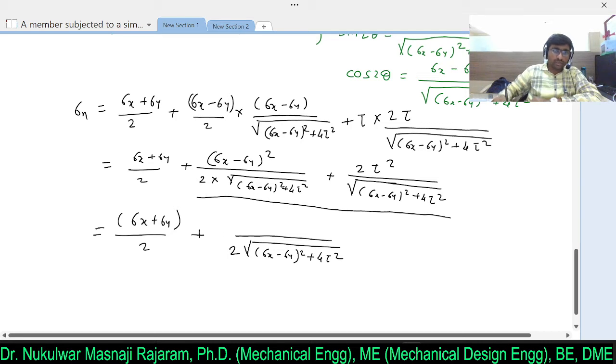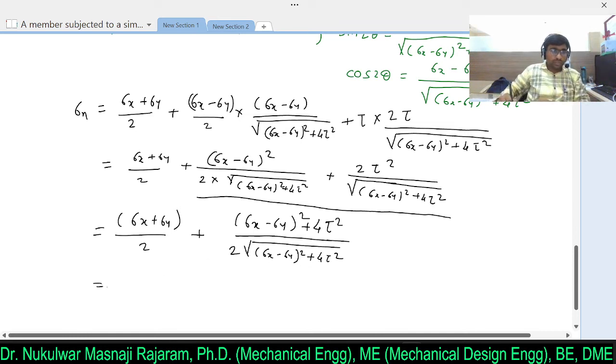So sigma x plus sigma y divided by 2, plus, taking this common, 1 by 2 under root of sigma x minus sigma y square, and now here 2 is absent, so I will multiply by 2, so 2 into 2 is 4 tau square. The remaining things will be the same.